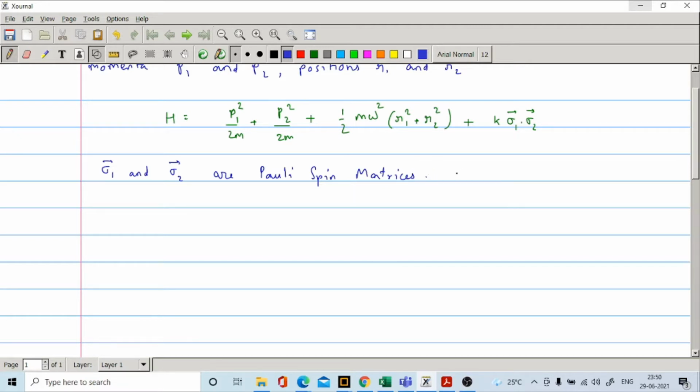And we are given that h bar omega is equal to 0.1 electron volt and k is 0.2 electron volt.